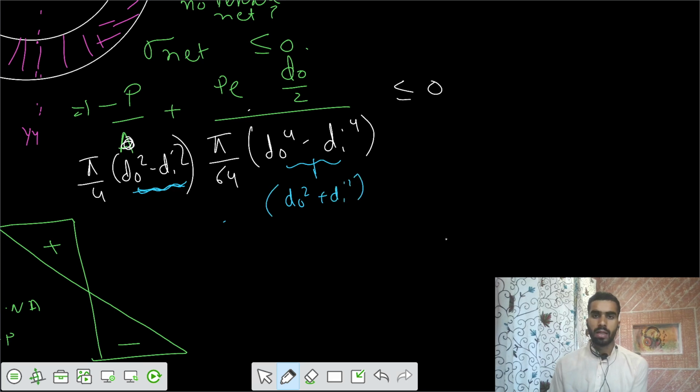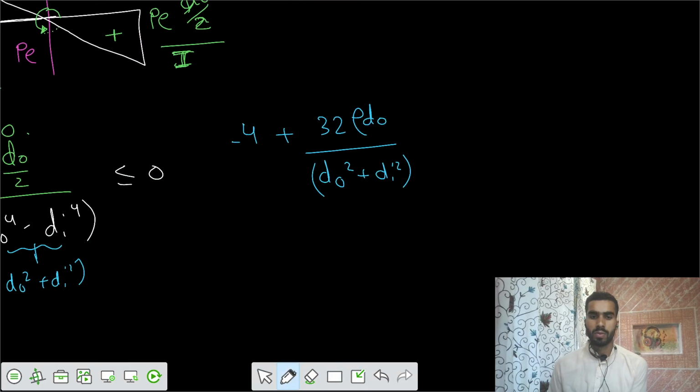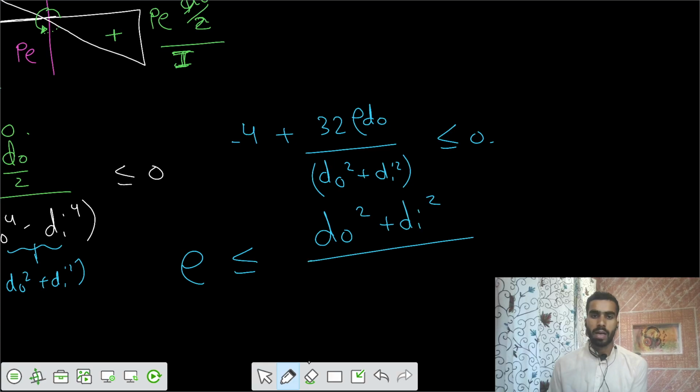And I would say that final value, you would get 4 minus 4 plus 32 d outer into eccentricity E divided by d outer square plus d inner square, that should be less than or equal to 0. So I would say your eccentricity should be less than or equal to d outer square plus d inner square divided by 8 times d outer.